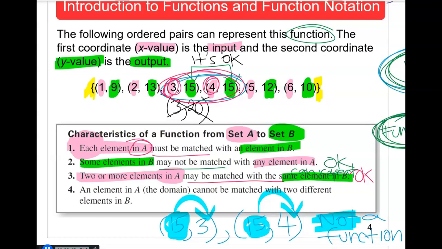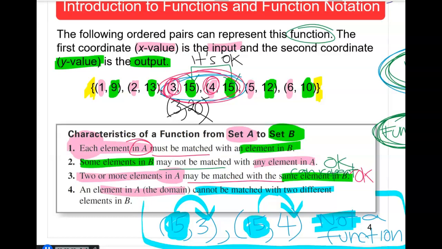And for number 4, we have that an element in A, which is from the domain, cannot be matched with 2 different elements in B. So that is actually the example that we're seeing here.